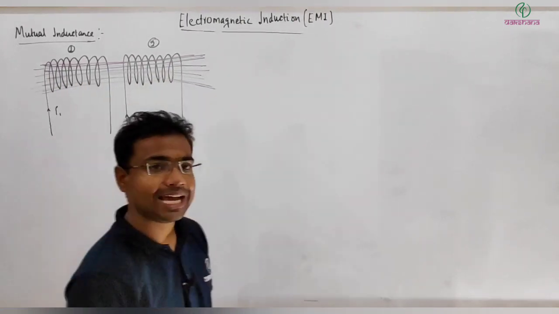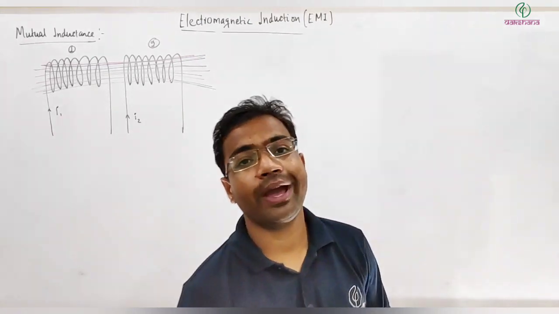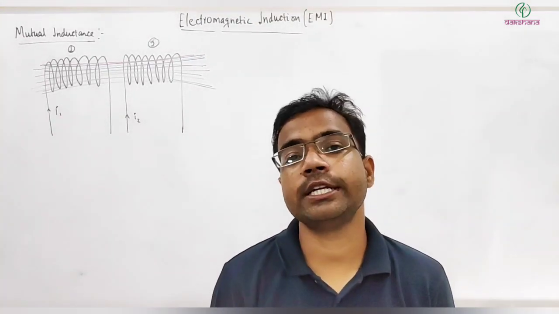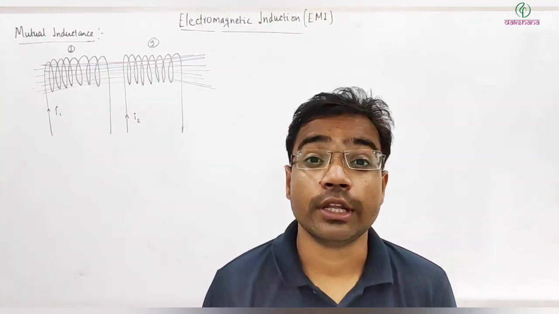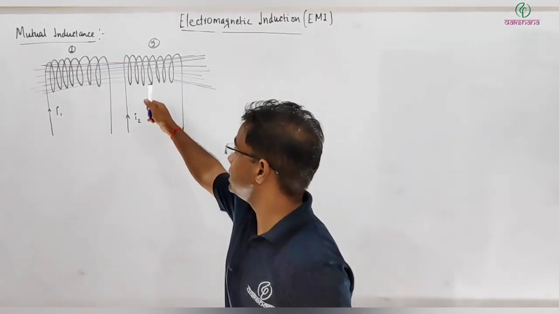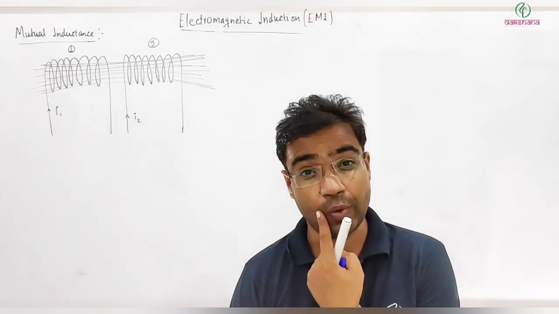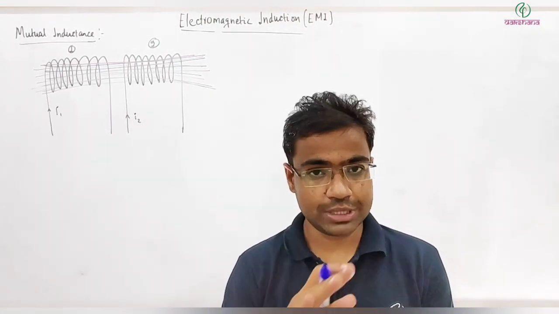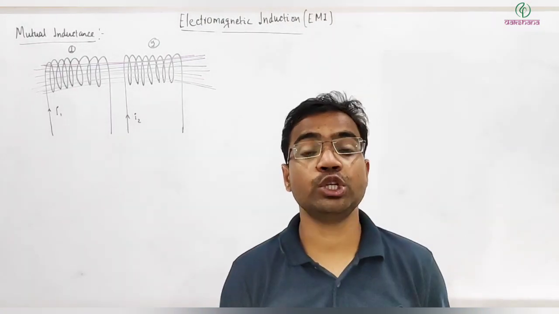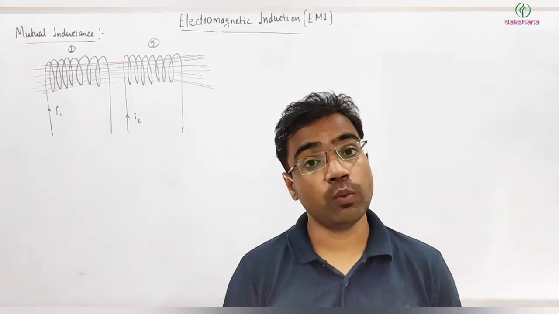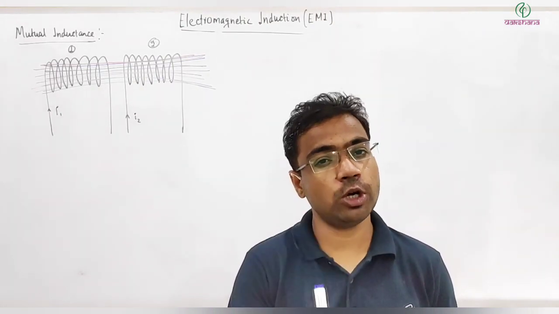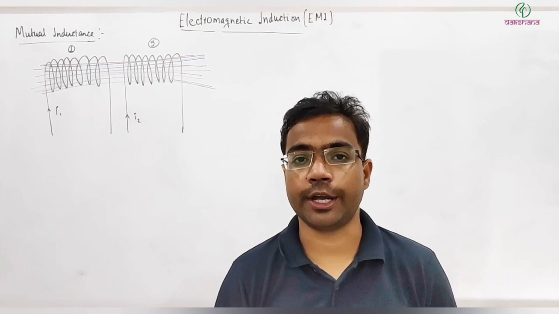So whenever there is some current in coil 2, the flux due to this current will also be linked to coil 1. Understanding? So this is basically mutual interaction. In one coil current is flowing, and because of that flux is linked to another coil.